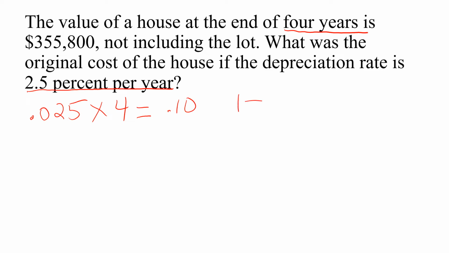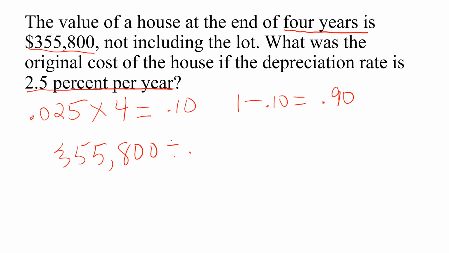So if I take 1 minus 0.10, that leaves me with 0.90. So now I take the price of my home, $355,800, divide it by 0.90, and that gives me $395,333. Since we're looking for the original cost, that is why we're dividing the value. So the original cost is $395,333.